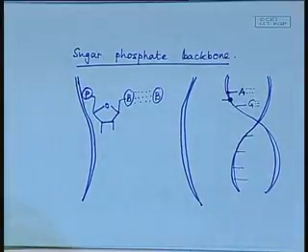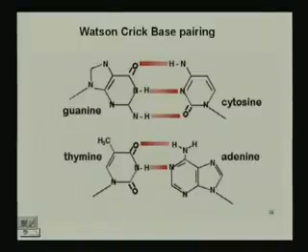We have here what is called Watson-Crick base pairing. Now, if you notice, you have here guanine and cytosine. What is guanine? Guanine is a purine. Cytosine is a pyrimidine, right?